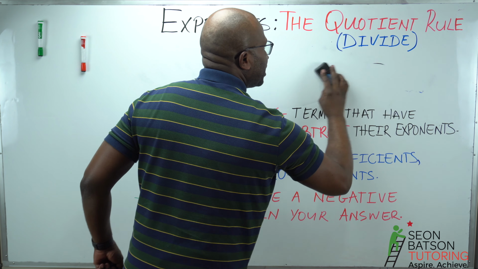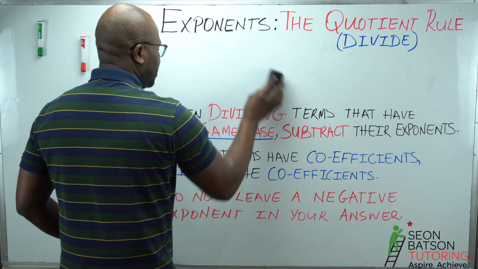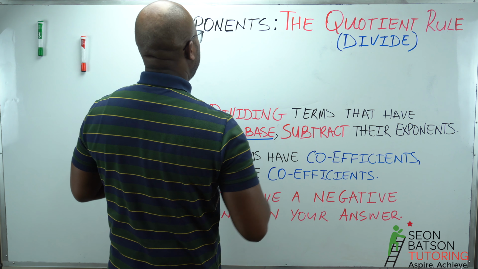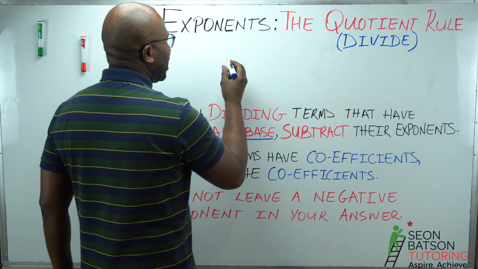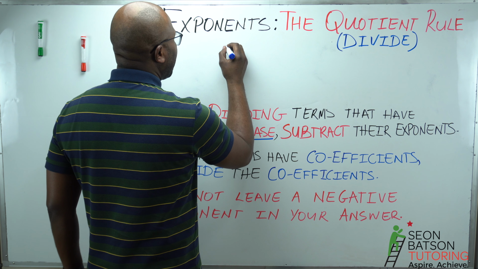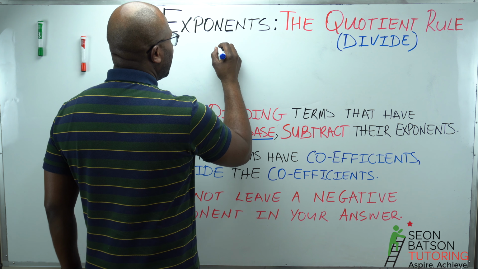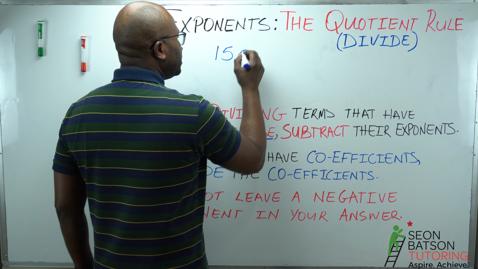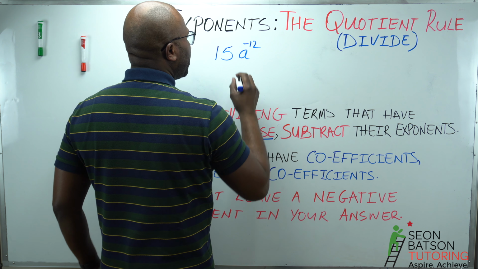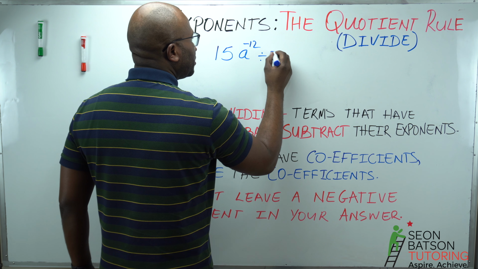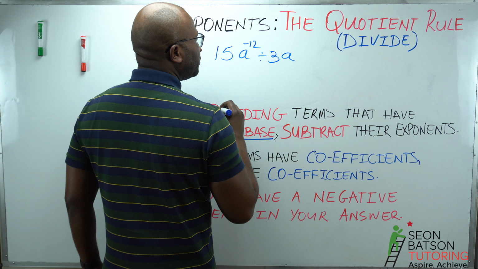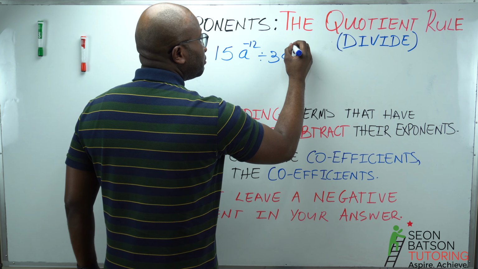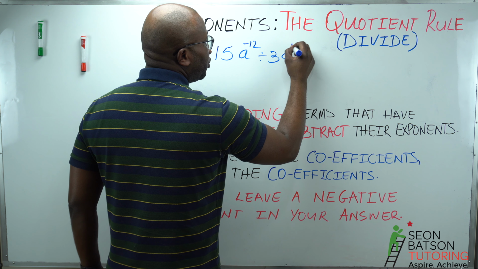You know what? I'm going to give you guys a chance to try one, because you guys are just sitting there watching me, being entertained. So let's try one here. Let's try 15a to the -12th power divided by 3a to the, let's say, 4th power.